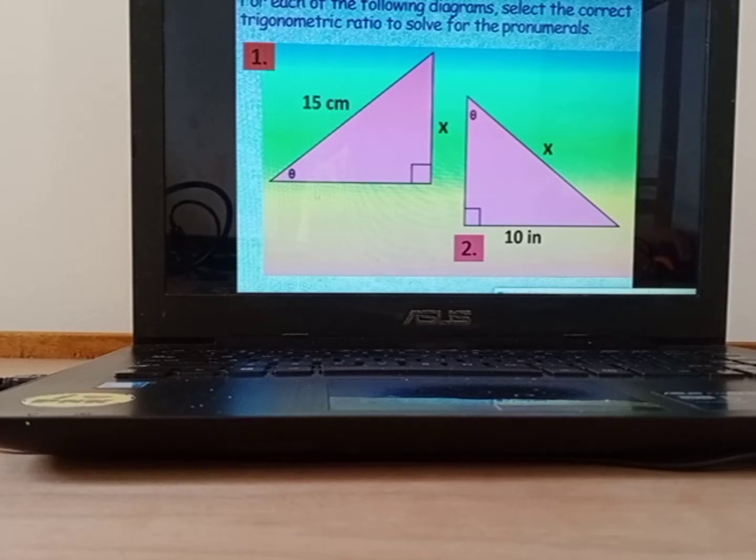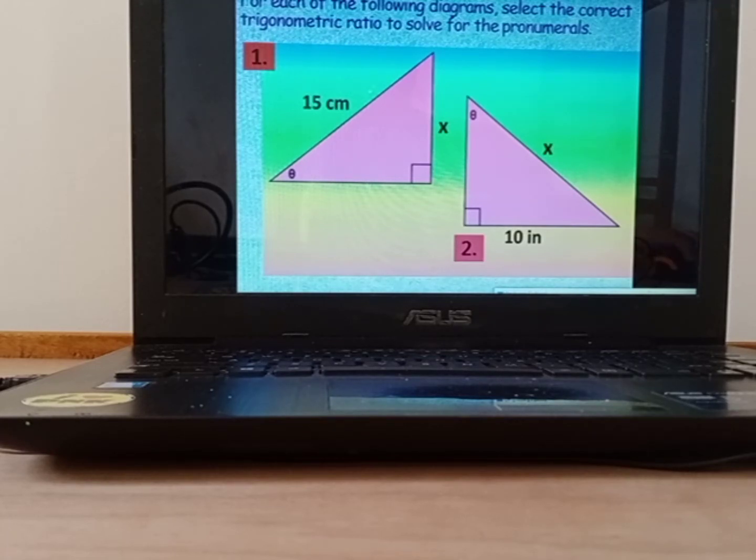What trigonometric ratio will we use if the given is opposite and hypotenuse? Again, go back to the acronym SOHCAHTOA, so we will use the sine function.